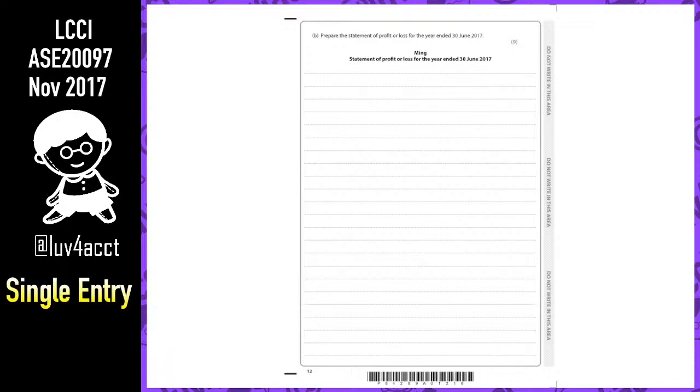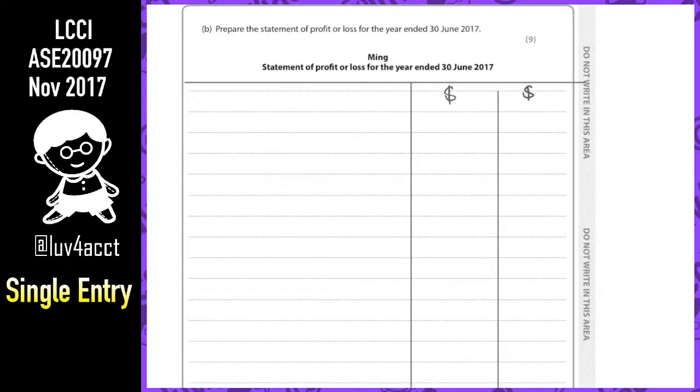Now we'll move on to the statement of profit or loss. First of all, we have the revenue, and then less cost of sales, and then opening inventory and purchases.